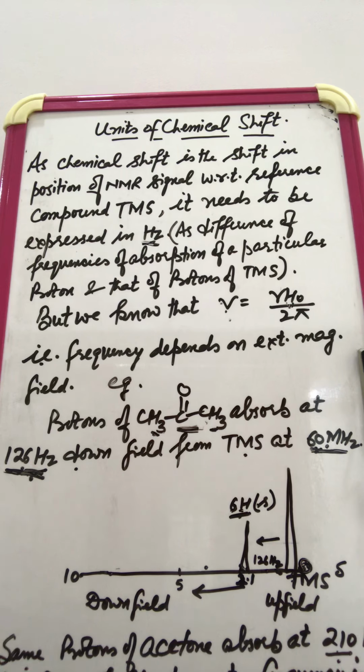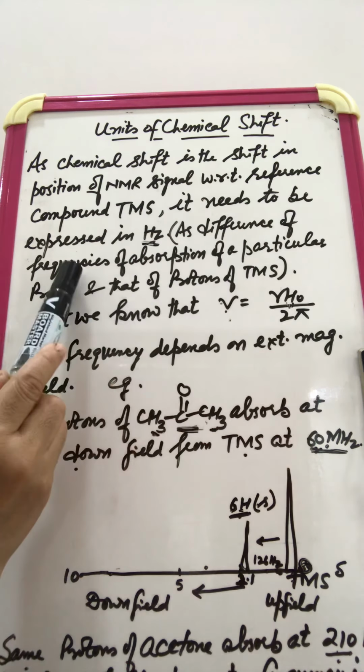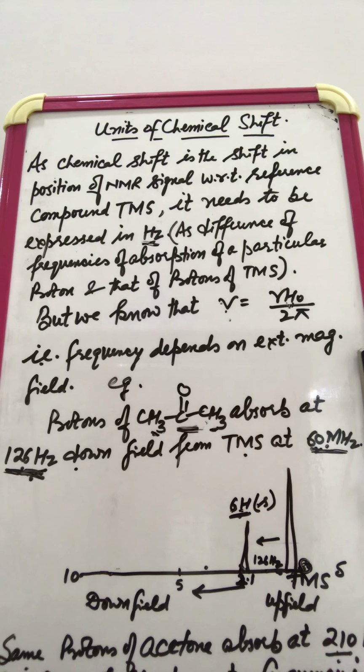So here I have written that chemical shift, the shift in position of NMR signals, needs to be expressed in hertz as the difference of frequency of absorption of a particular proton and that of the protons of TMS.